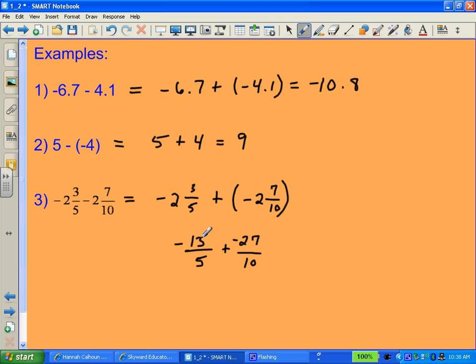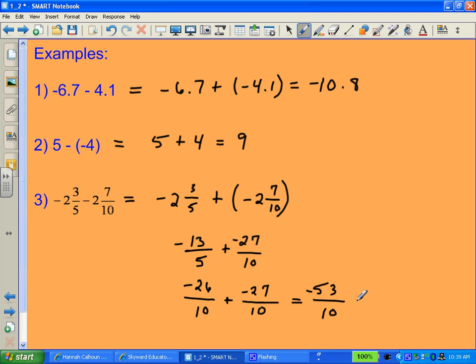So if you'll remember, we have to have common denominators when we add fractions. Common denominator here would be 10. So I'm going to turn this into negative 26/10 plus negative 27/10. Since I have the same sign, I'm just going to add 26 plus 27, which, if I can do my math right here, I believe is 53 over 10.